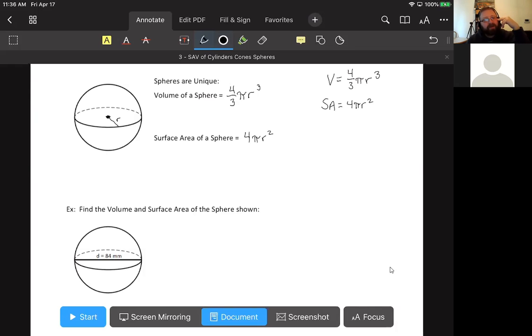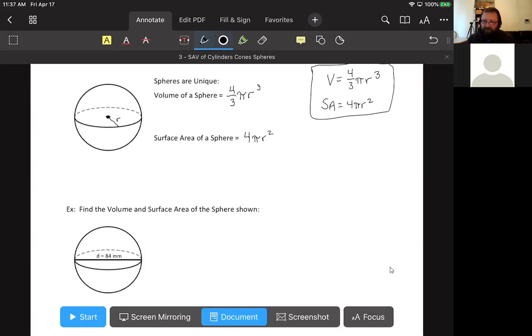So I'm hoping you're willing to take my word that these equations are correct and not worry too much about where they come from right now. Those of you that eventually make it into a calculus class, you will see where these come from. I wish I could give you a better explanation. So we've got those two equations there. These are for spheres. Again, spheres do not have a lateral surface area, just a volume and a surface area.